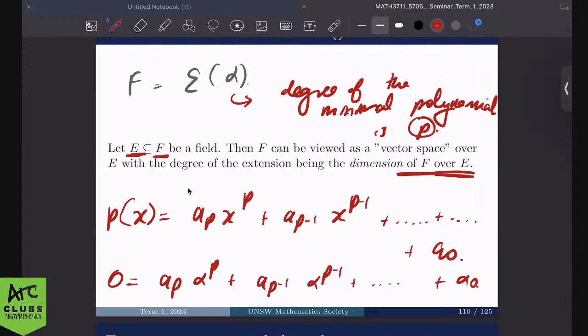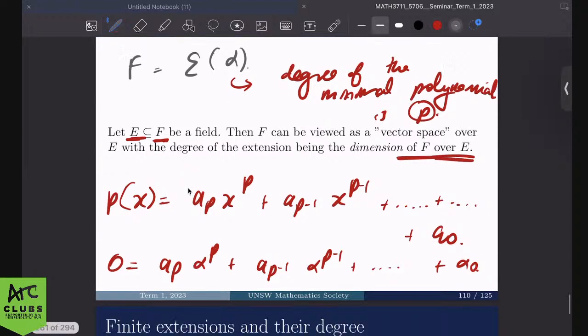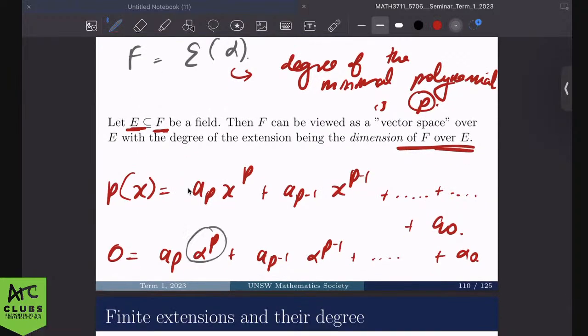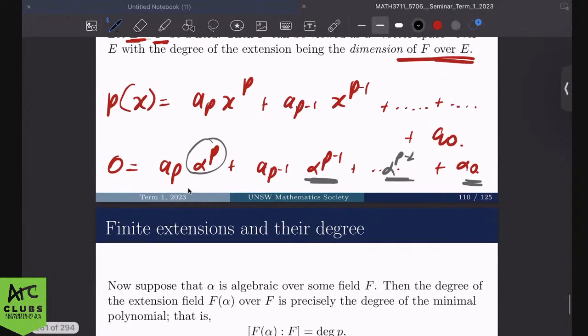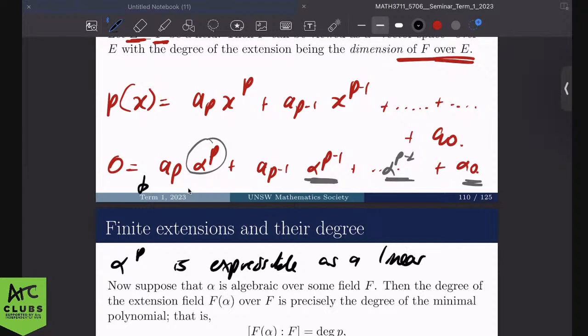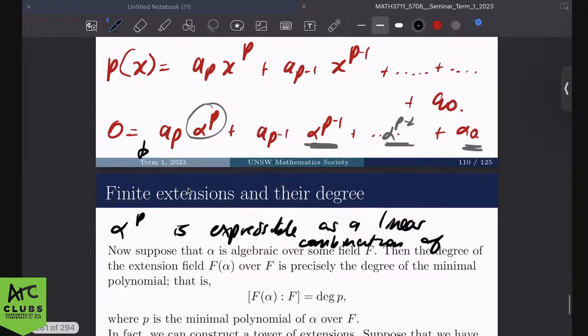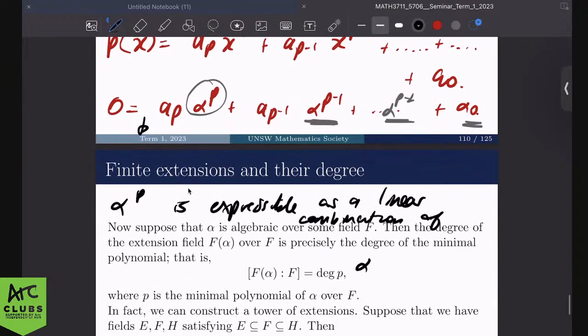So what you can do is you can actually rewrite alpha to the power P as a function of alpha to the power of P minus 1, alpha to the power of P minus 2, and so on. Right? So I'll write this again. So alpha to the power of P is expressible as a linear combination of alpha to the power of P minus 1 all the way down to alpha to the 0.